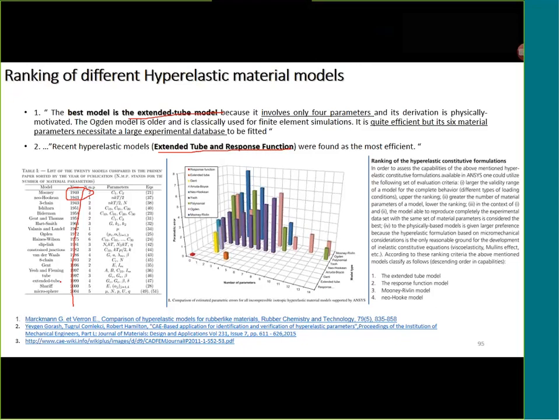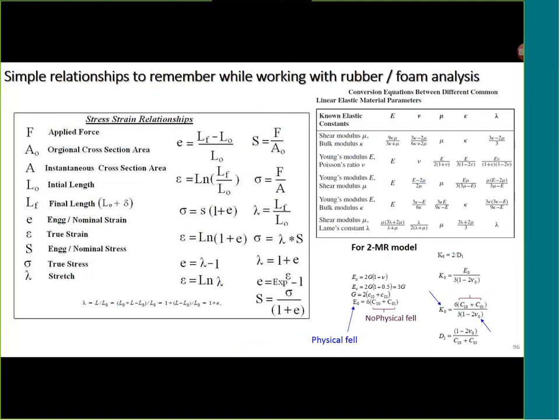My recommendation is that if you can do a curve fitting for the extended tube material model, use this as the first choice, and the response function model as the second choice, or this may be the first choice if you have the stress strain data for the entire range of material that you are dealing with. If you want to use the legacy material models, the Mooney-Rivlin model or Neo-Hookean may be the choice. If you are dealing with foams, then you have to use either the Blatz-Ko or Ogden foam model. That's the choice.